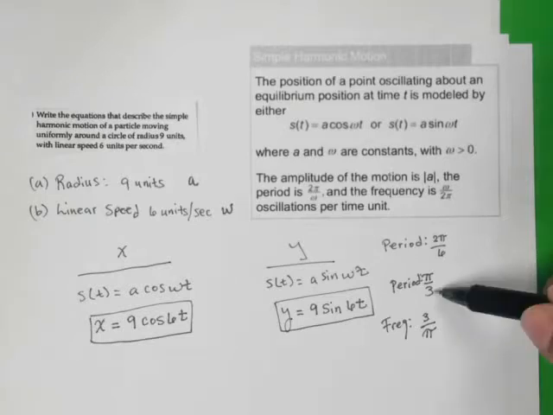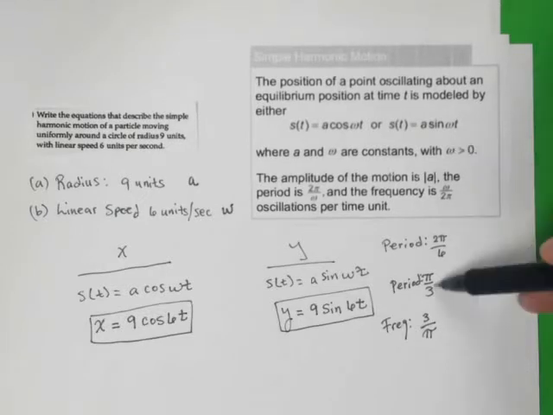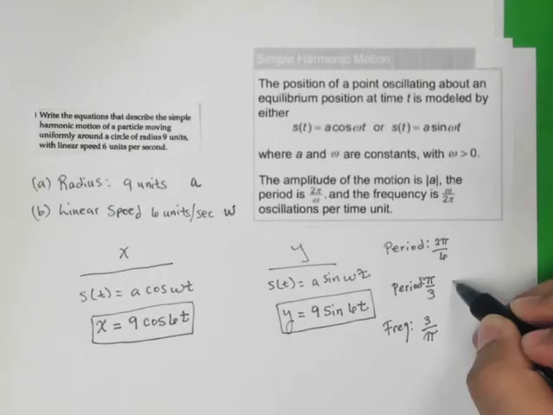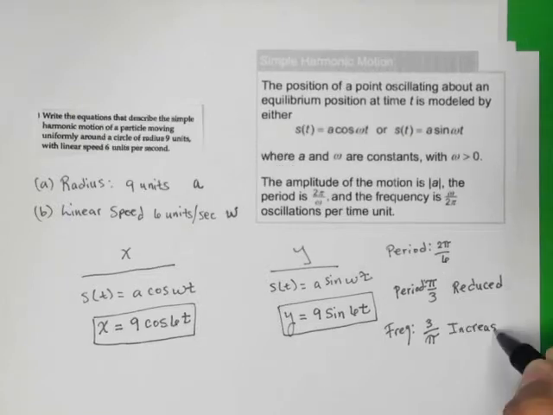So what we've done here in effect is we have reduced the period from the original, which was 2 pi. And since we've reduced the period, we've actually increased the frequency. So let's write that down as well. That's an important fact. We have reduced the period and we have increased the frequency.